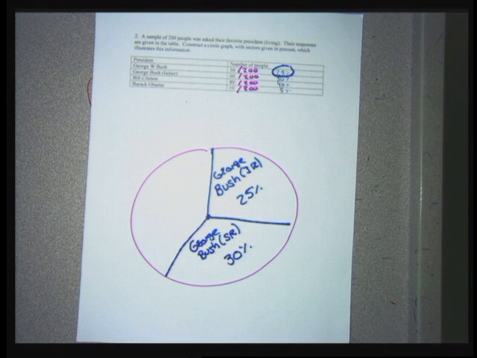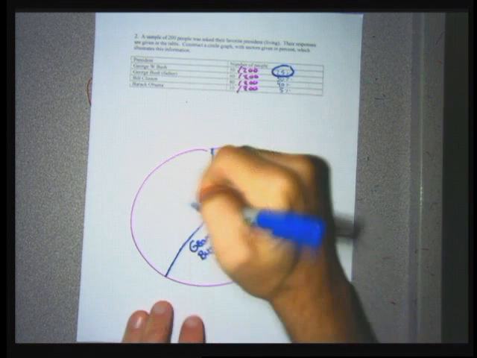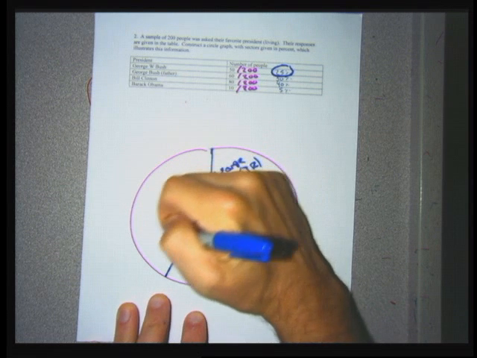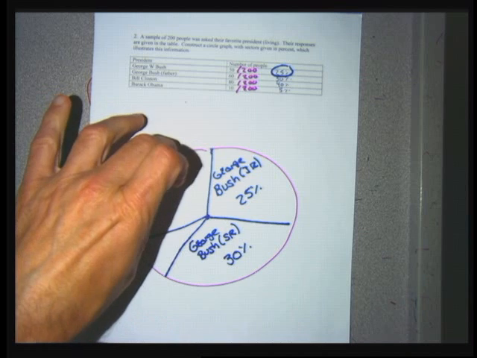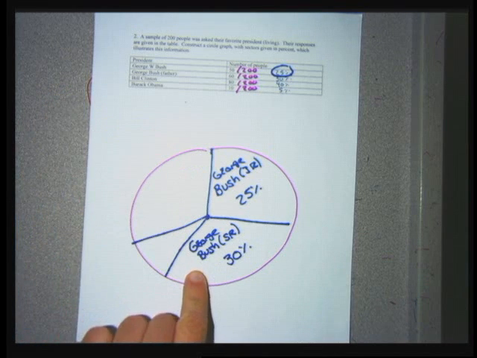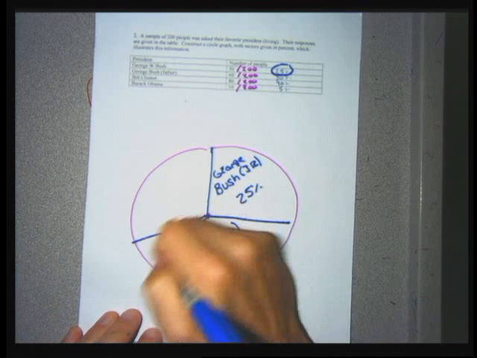Bill Clinton needs to have the biggest section. So because it's 40%, it needs to be bigger than any of the other two circles. And Barack Obama needs to have the smallest. If I just make a slice here, as long as this is bigger than the George Bush Sr., maybe it's not. Maybe we make it a little bit bigger this way.